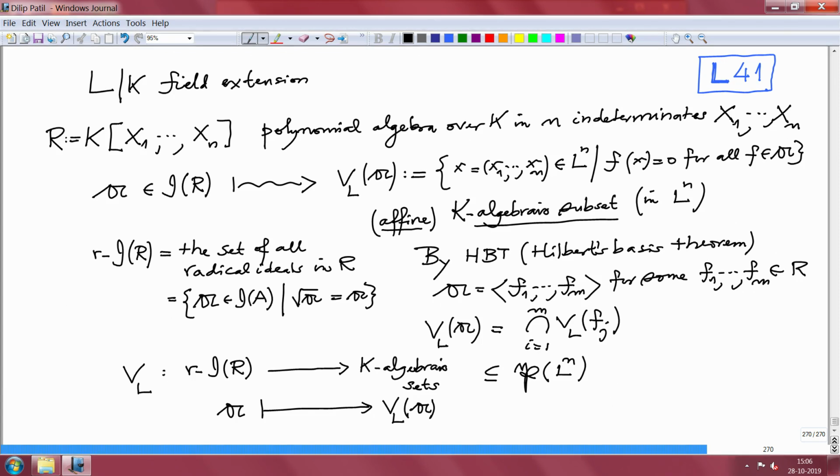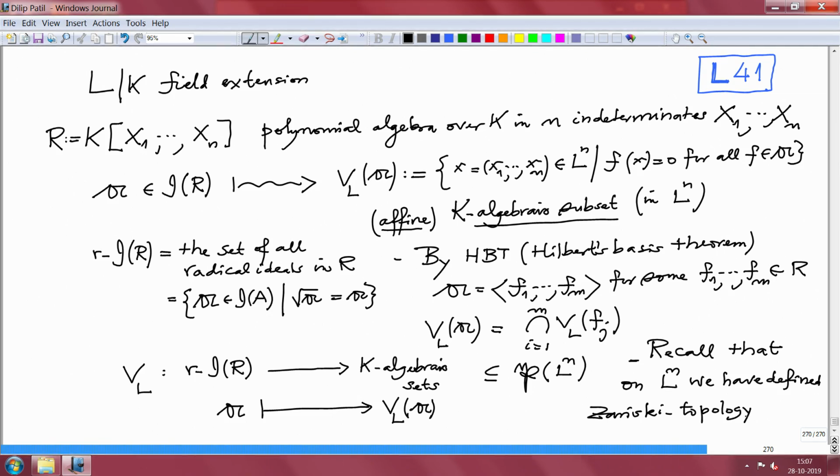Alright, so I just have to recall here that on L^n we have defined a topology called the Zariski topology, by declaring the closed sets to be precisely the K-algebraic sets.